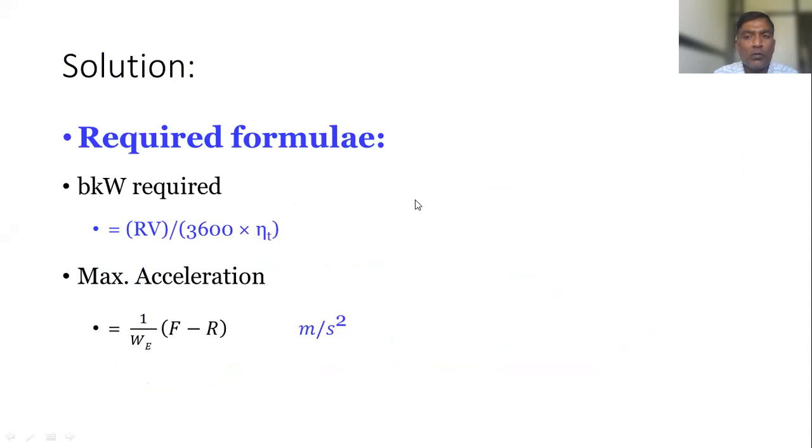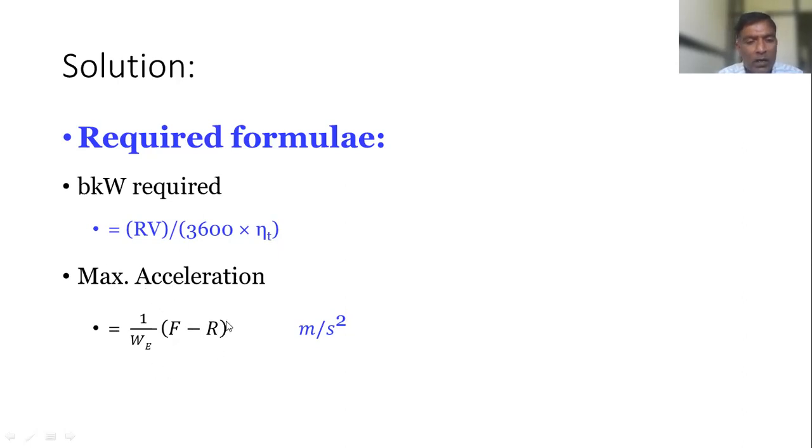So with respect to the first bit, what is the required formula? BKW required is equal to RV divided by 3600 into eta T. This eta T is nothing but transmission efficiency. And what is the second formula required?